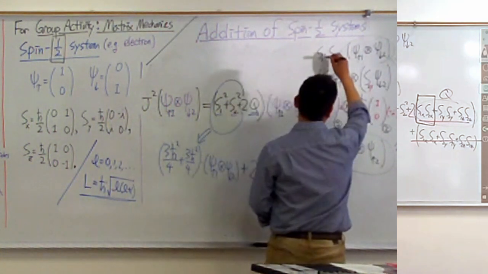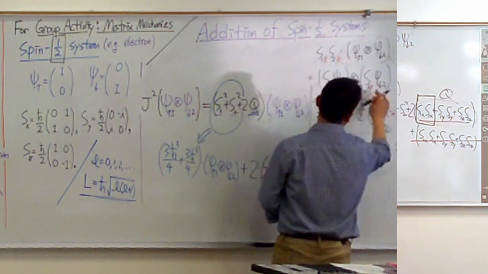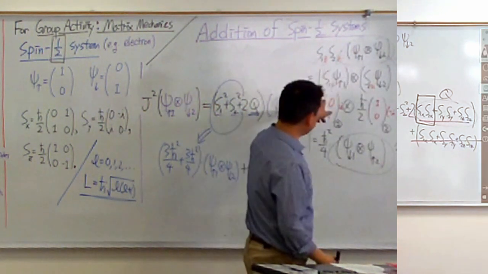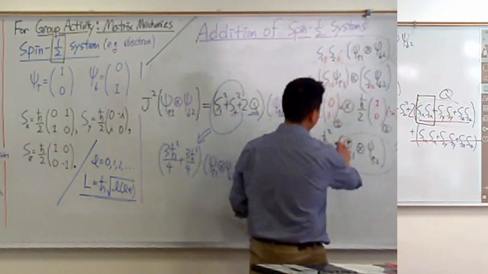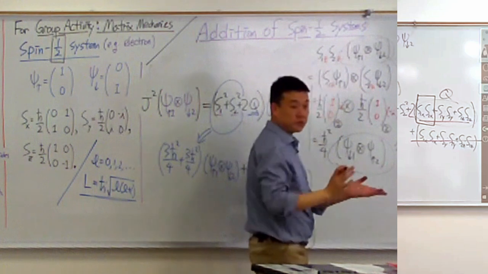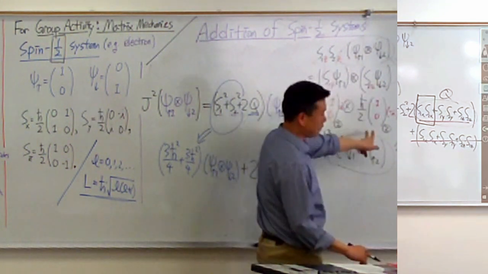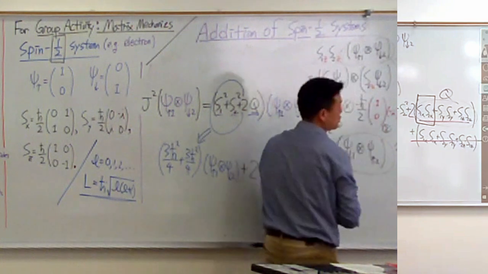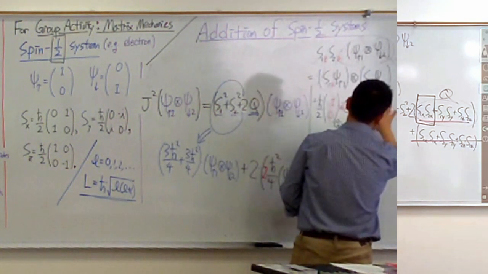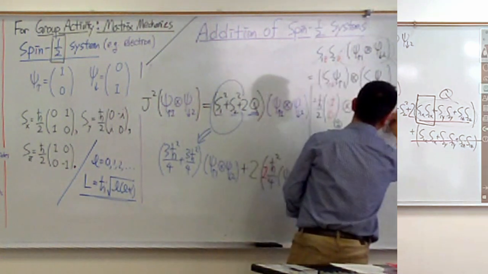So S1z acting on that, S2z acting on that. So I get h bar over 2 for spin up, and I still end up with the same spin up, right? Z doesn't change anything. So here it's spin down, so instead of h bar over 2, it should be minus h bar over 2. And it should remain spin down. So 0, 1. Let me get rid of these i's.